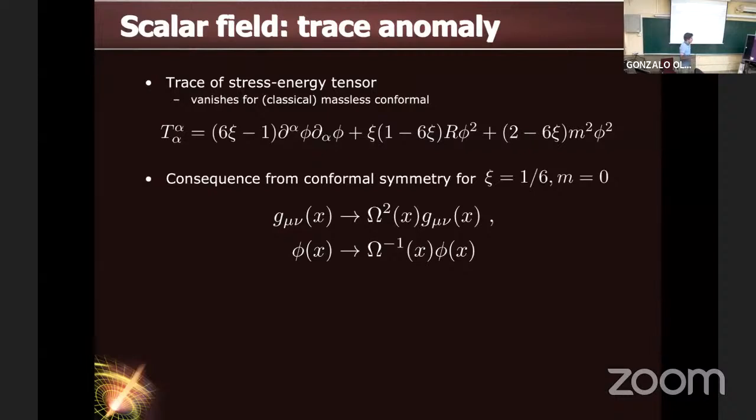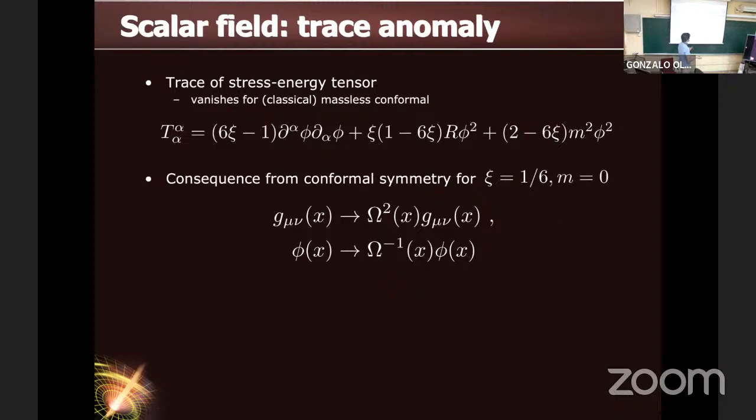a brief introduction about the trace anomaly. If you compute the trace of the energy momentum tensor for the scalar field, you have this expression. It is for an arbitrary non-minimal coupling chi. And if you notice, for chi equals 1/6, the first two terms vanish, and you only have the last term. But if the mass is 0, there is no trace.